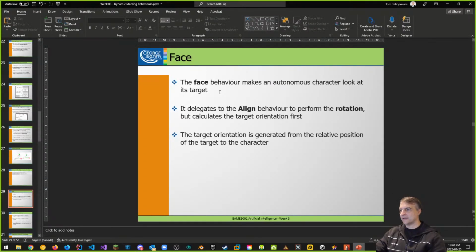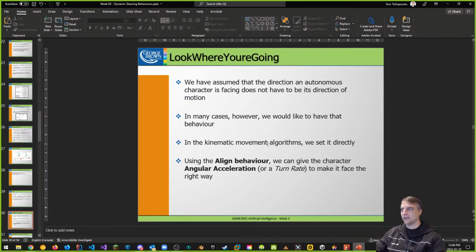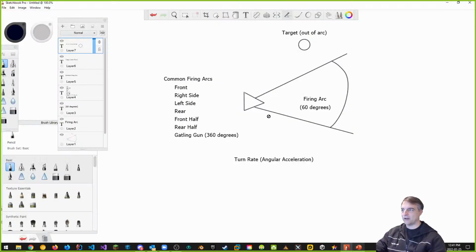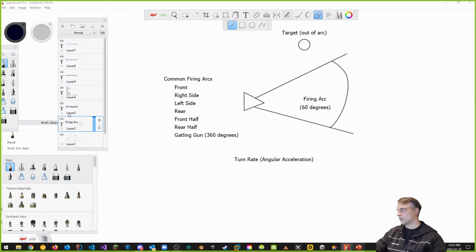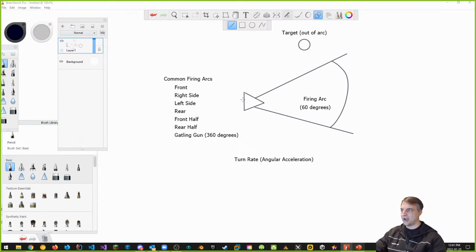So yeah, that's facing. Facing is really cool because it changes our target orientation. Now, what's the difference between facing and look where you're going? Well, imagine going back to our little whiteboard. I have a vehicle with motion, and the thrust is coming out of my ship this way, and I'm moving in this direction.